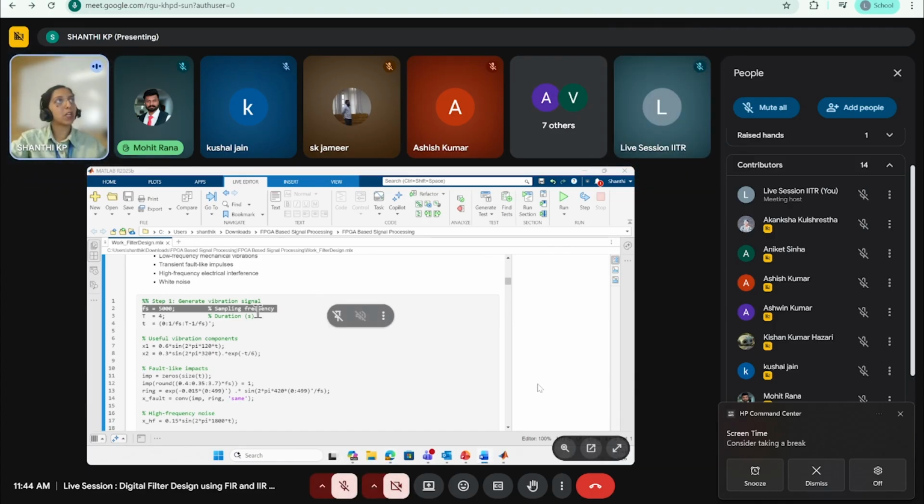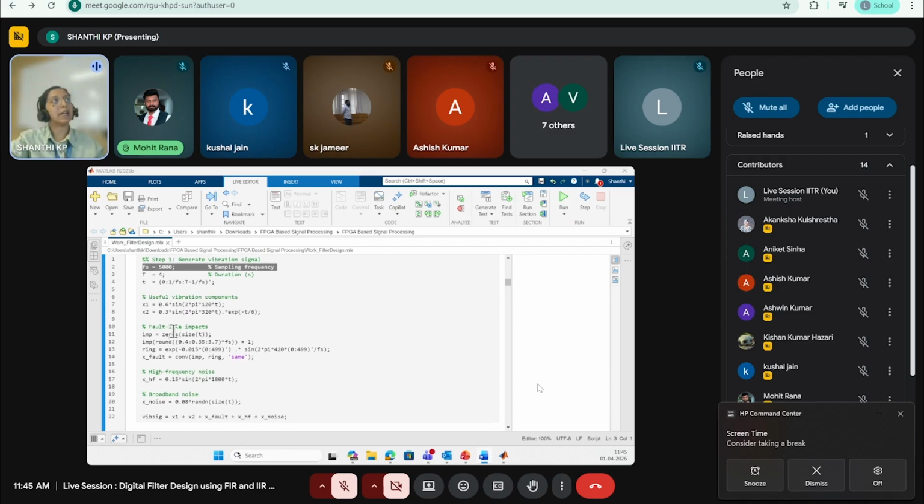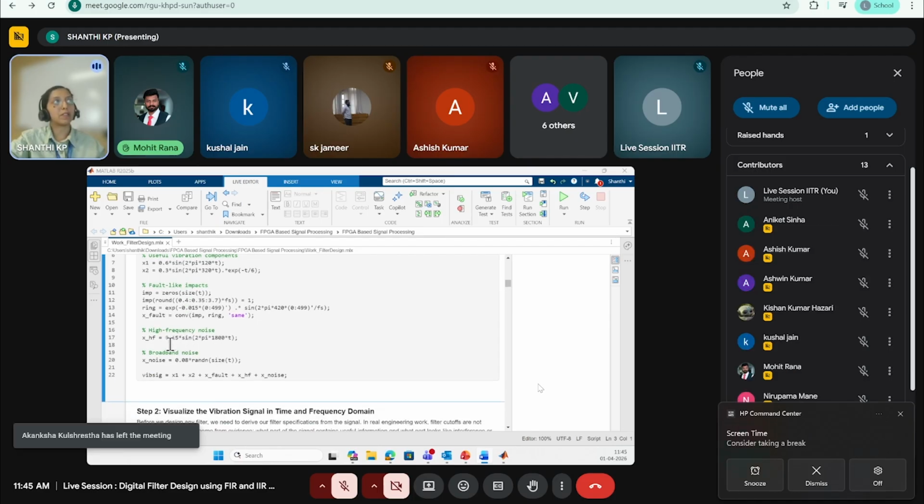Yeah, so I was talking about signal generation. As I mentioned, the code is already added for you. And talking about the signals that we have generated, I have considered 120 Hertz and 320 Hertz here as useful vibration components. And I have also added some high frequency noise in the range of 1800 Hertz.